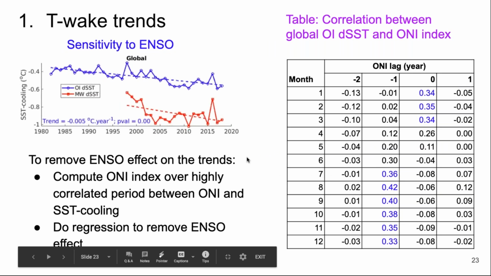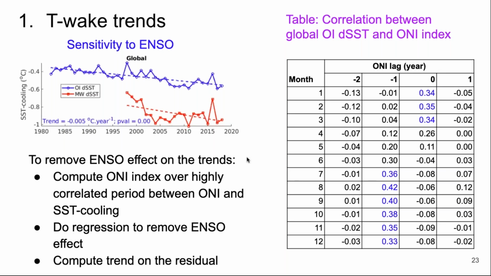As we know, SST, sea surface temperature, is closely connected to ENSO and also the cold wake. So we want to remove the ENSO signal from the cold wake to see if it still remains significant or not. To do that, we first compute a correlation between the ONI index and the cold wake index.